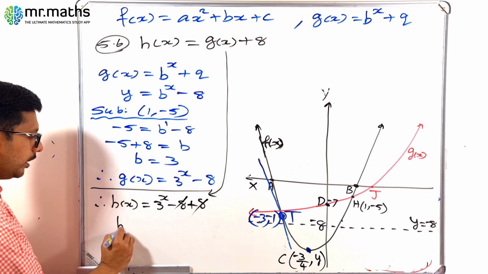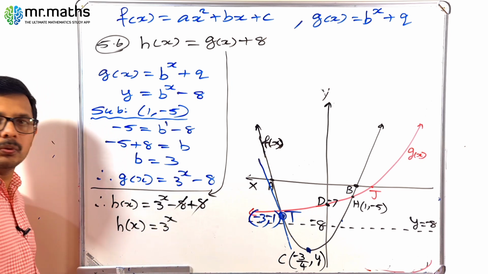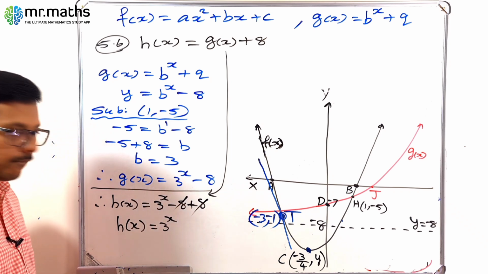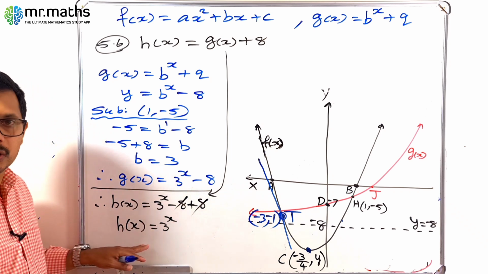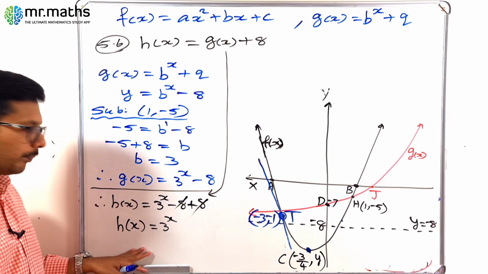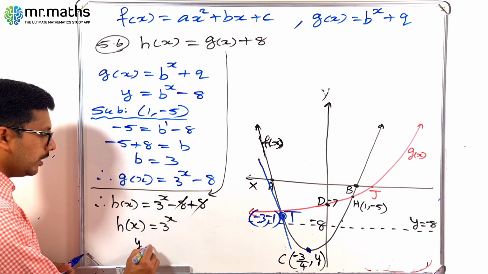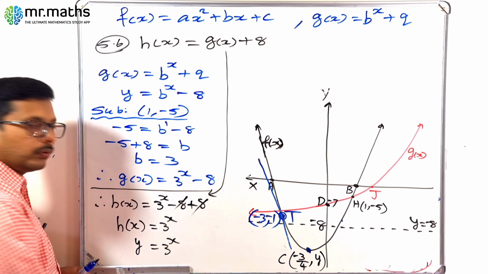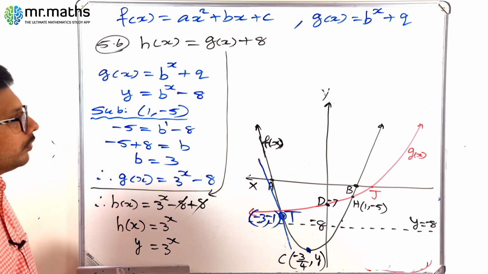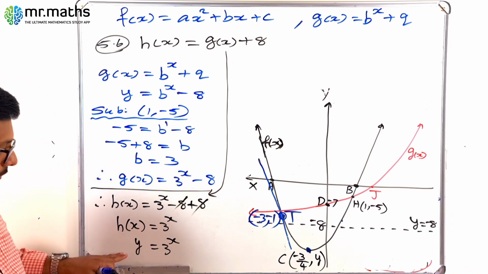So h of x is equal to 3 raised to x. But this is not our question. We have to write the equation of h inverse of x. This h of x is the same as y, so y is equal to 3 raised to x. Now what you have to do is, so what is h of x?